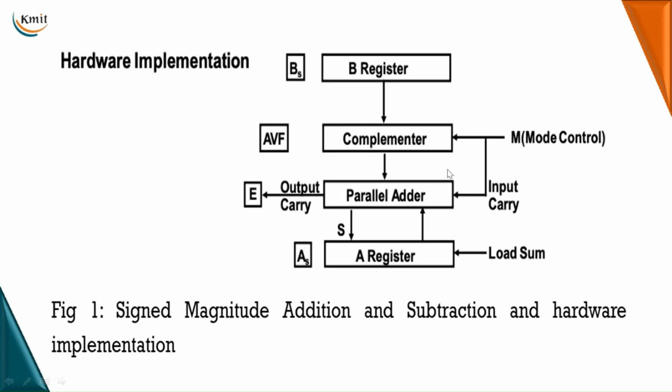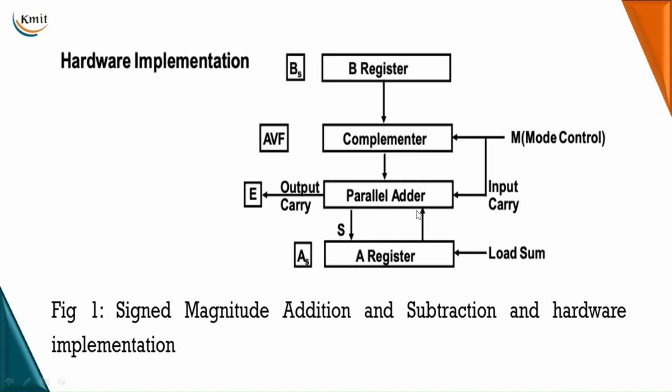For that we need a comparator available in our hardware. So the comparator circuit is needed to establish whether A is less than B, A is greater than B, or A is equal to B. And finally, a subtractor circuit is needed to perform the micro operations A minus B and B minus A.